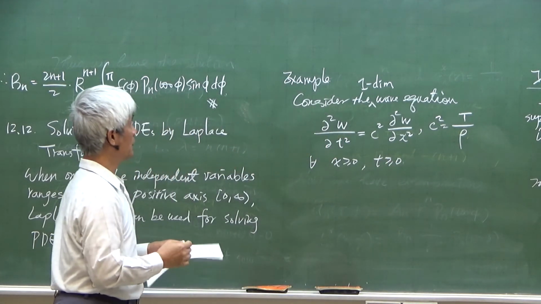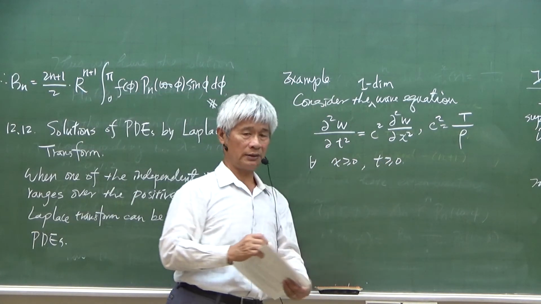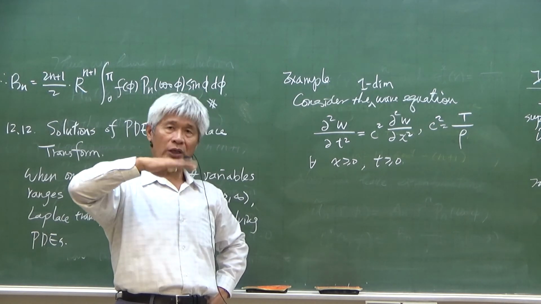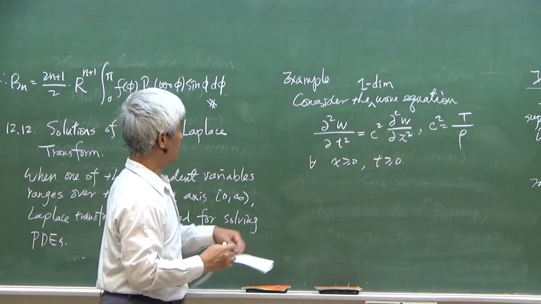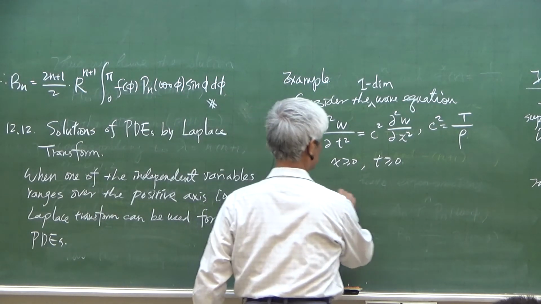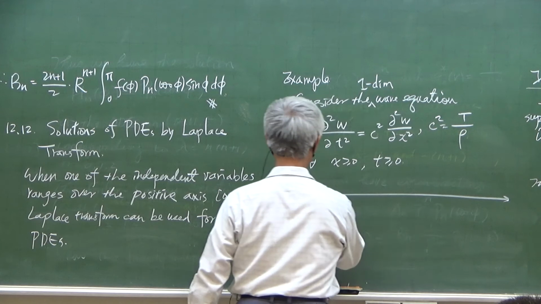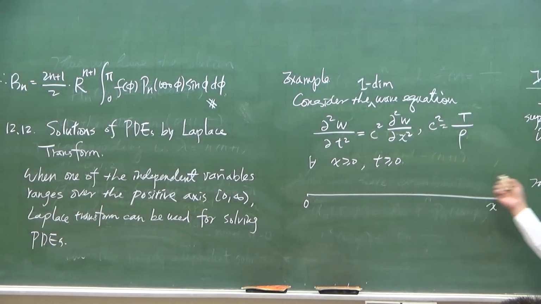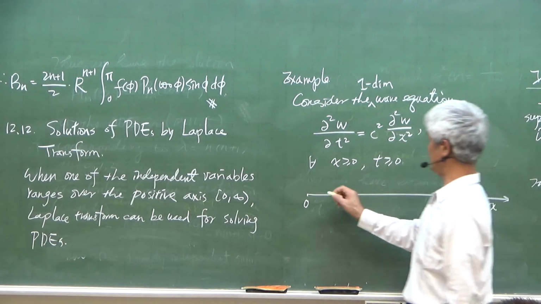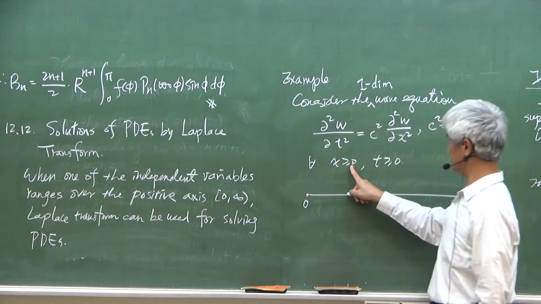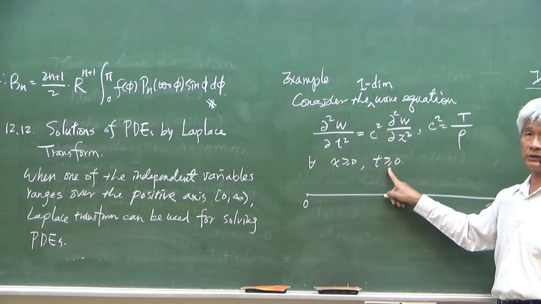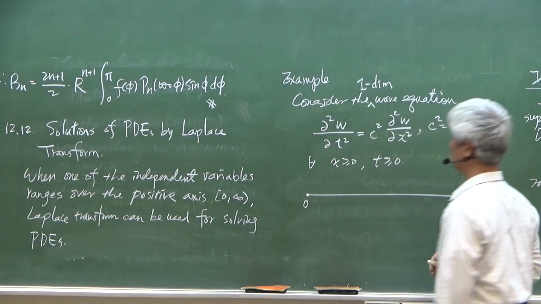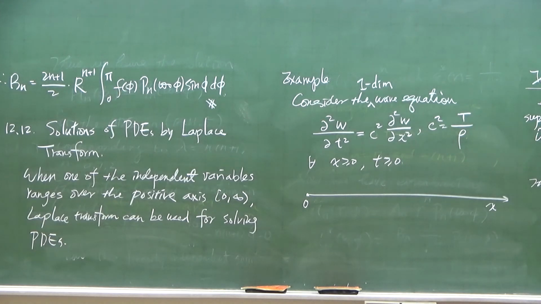So the wave equation describes the wave traveling along the positive x-axis from 0 to infinity. Okay, so x is greater than or equal to 0, and time, of course, starts from 0. So we have such a wave equation.